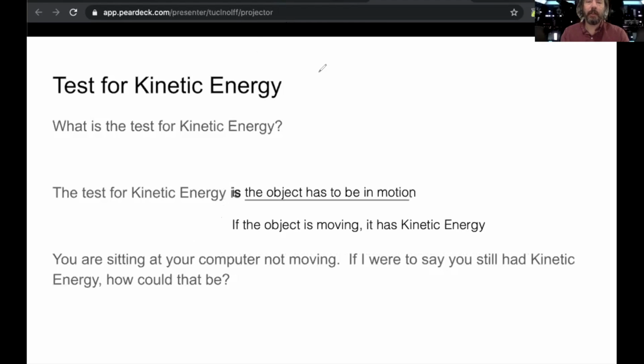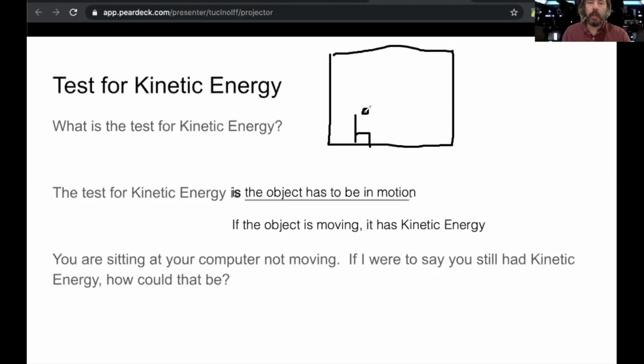If you're sitting still at your computer, not moving, in chat, do you have kinetic energy? Not to scale, of course. You're on your computer at a table, hopefully. If you are not moving, do you have kinetic energy?